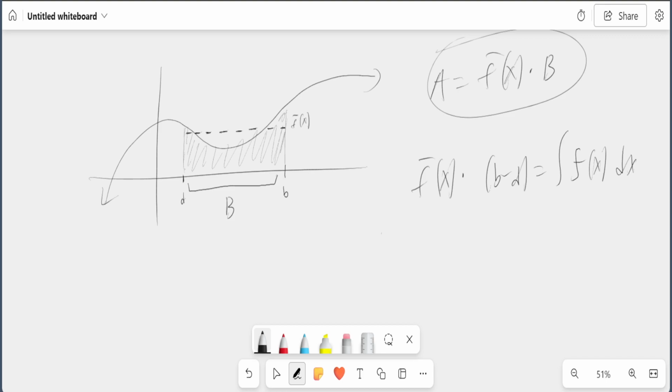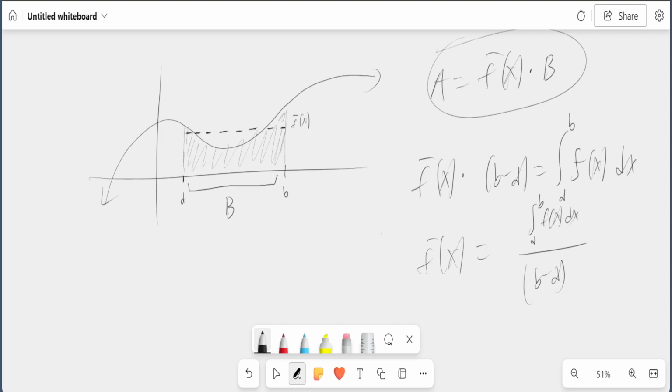Yeah, from a through b, and then you just solve for f bar of x. It's nothing too complicated. It's just a more explicit version. Okay, so that's that.